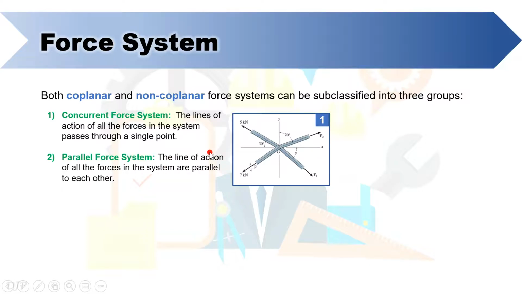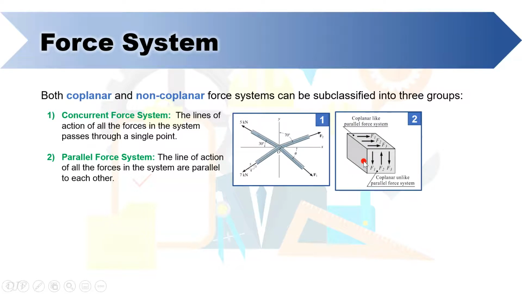The next subclassification is parallel force systems, in which, regardless of the sense depicted by the arrowhead, the lines of action of the group of forces are parallel. In this figure, the set of forces acting on a plane parallel to your screen are first classified as coplanar, only for these three forces, and then subclassified as a parallel force system.